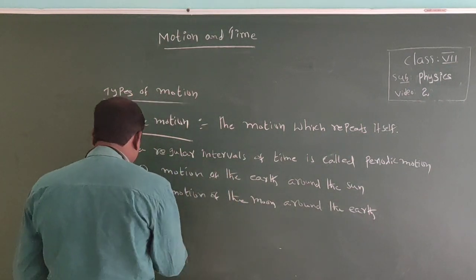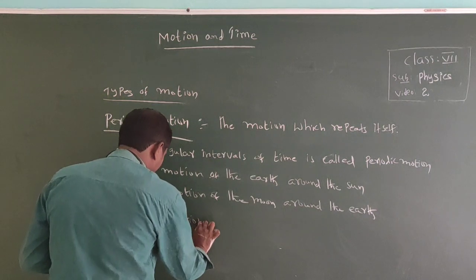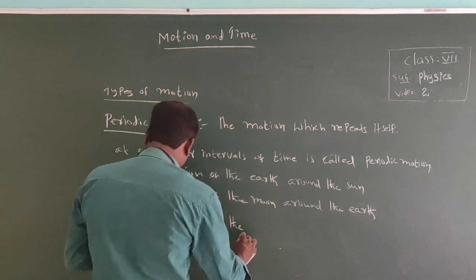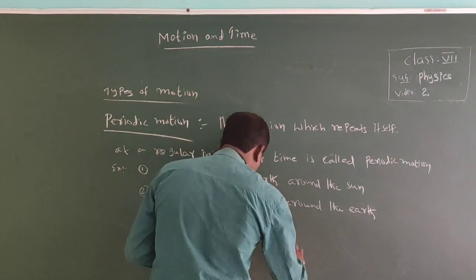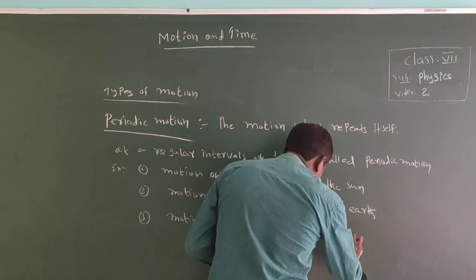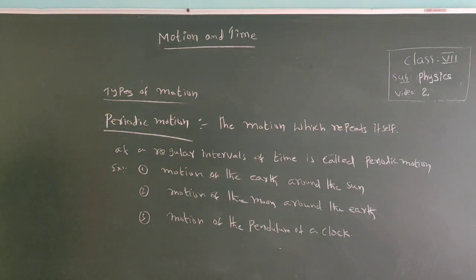Motion of the pendulum of a clock. These are the examples for the periodic motion.